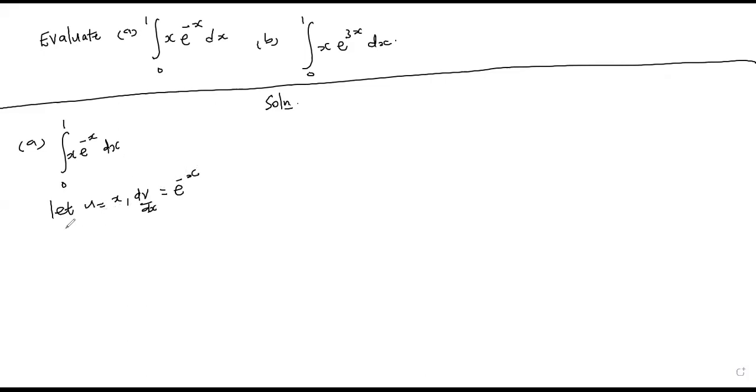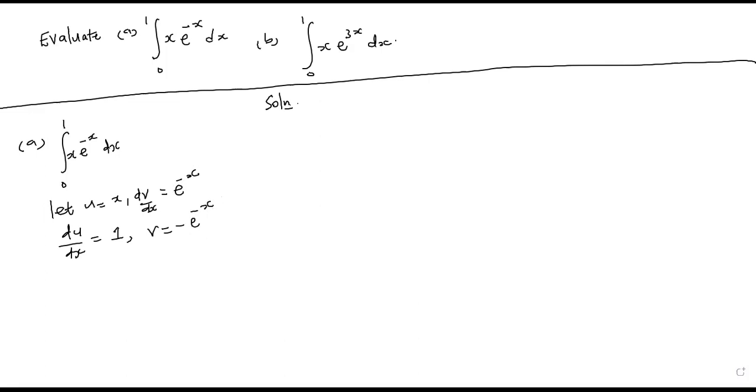So we say that our du dx here is 1, and our v, after integrating this, we say that for this case, since the derivative here is -1, we shall drop it as negative e power negative x.